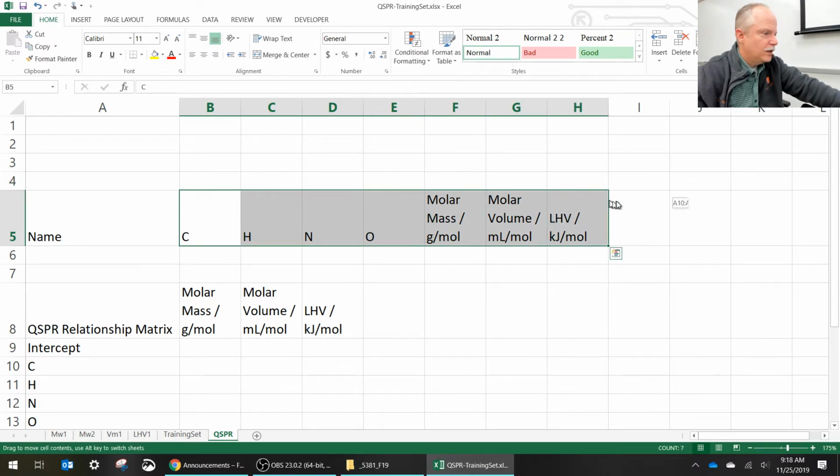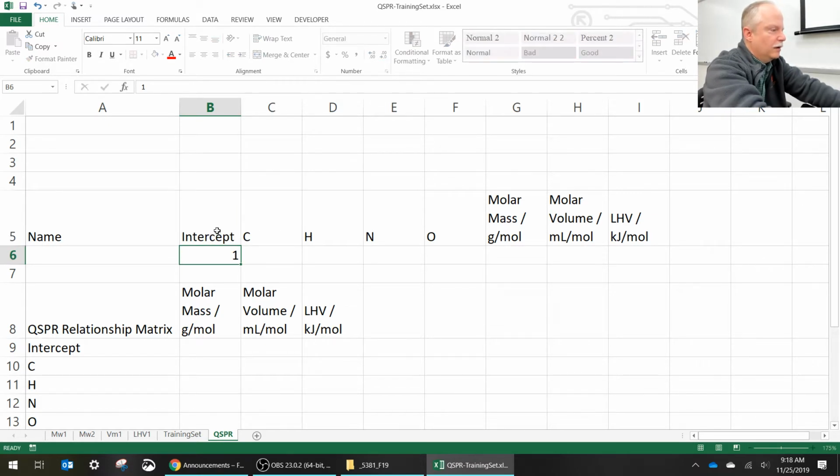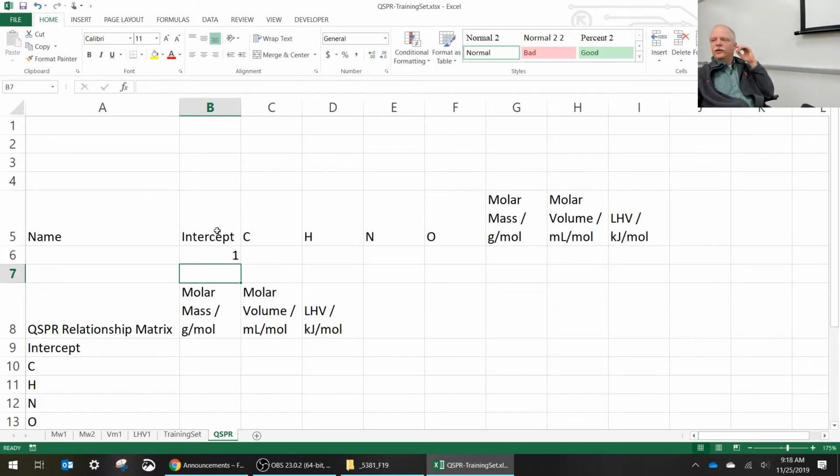Let's scoot all these over to the right and we'll put an intercept here. And we'll just put a 1 there. So this will help us with the matrix mathematics. Okay, so now we've got everything pretty well set up the way we need it.